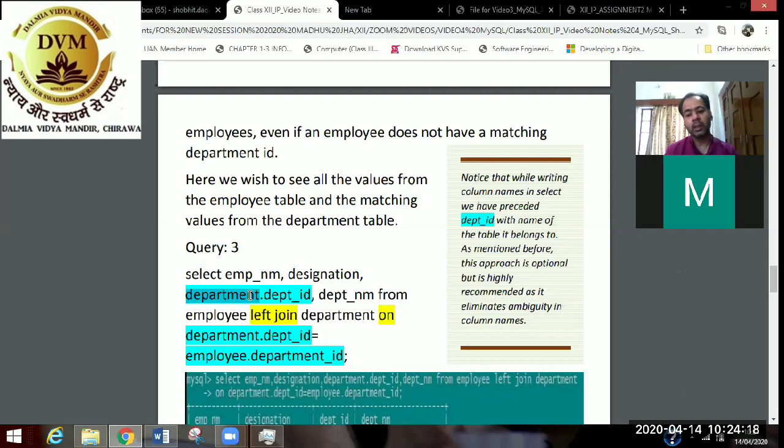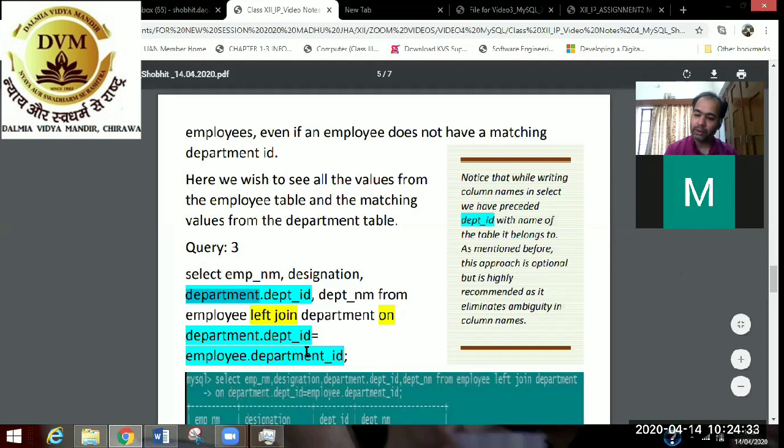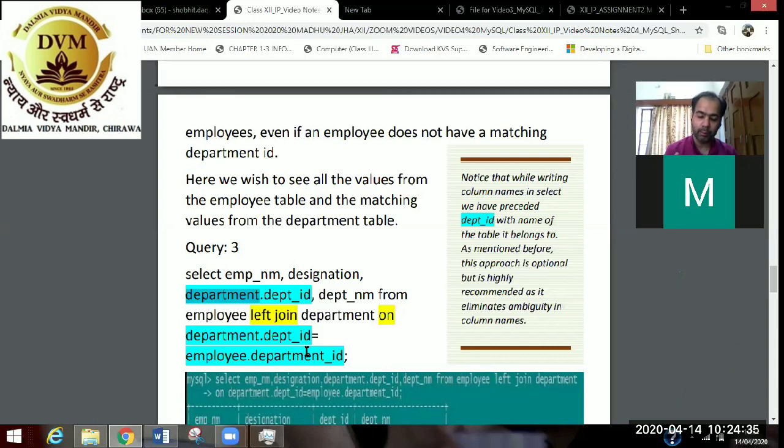It is optional, but it is preferred that you always place the names of the table before the names of the columns. Although, because DPT ID and department ID, the names of the common columns in both the tables, are not the same, it is not necessary, but it is always a very good practice.